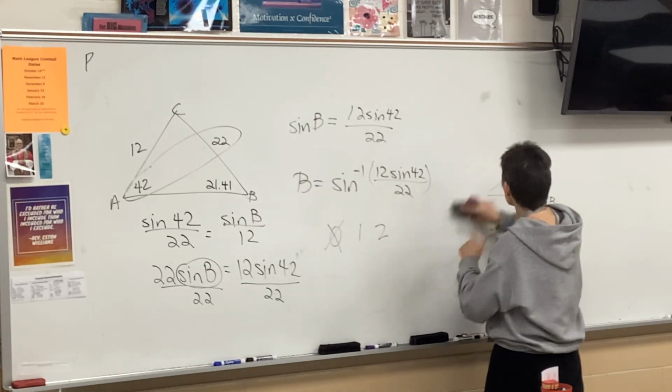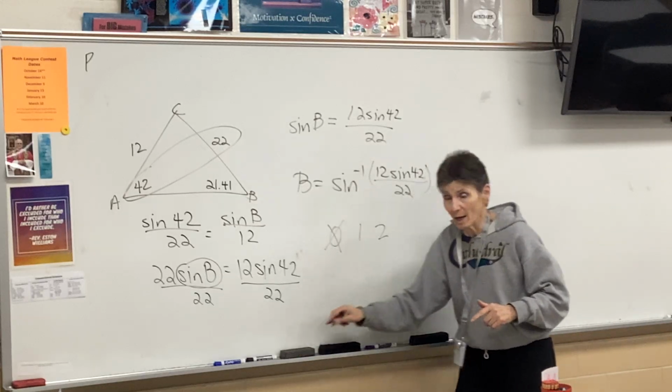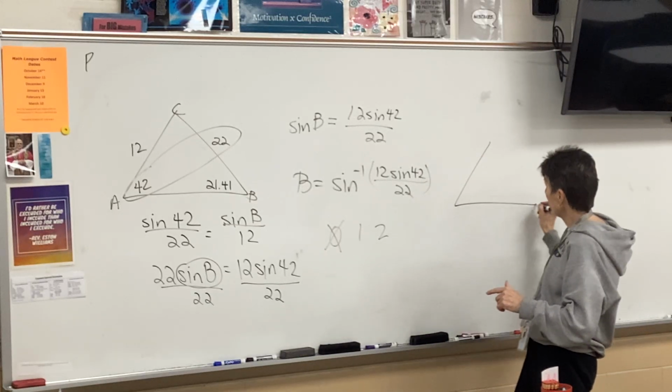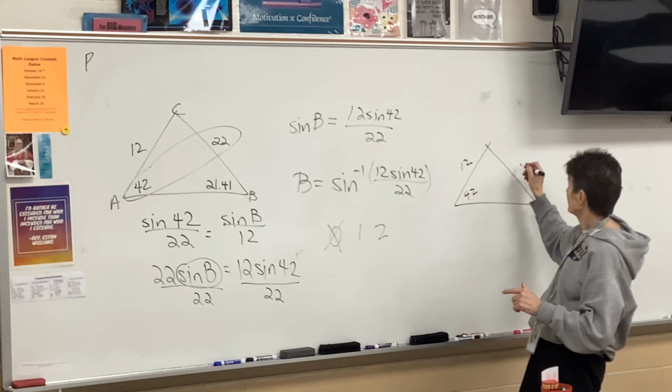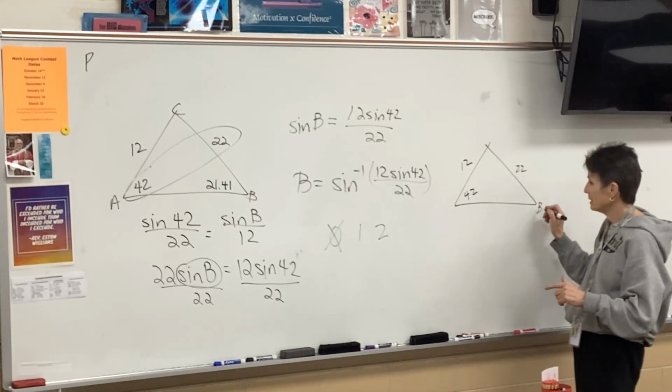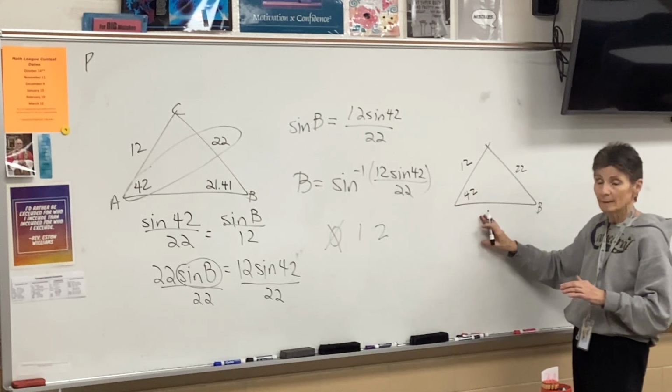I'm going to check for the other one. So remember, when we check for the other one, we redraw the triangle. Here's angle B down here. Redraw the given, 42 and 22 and 12.